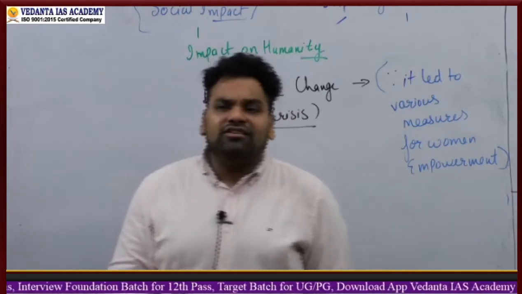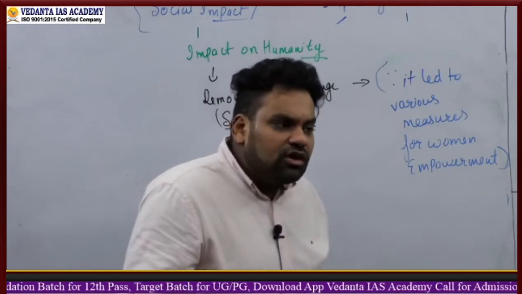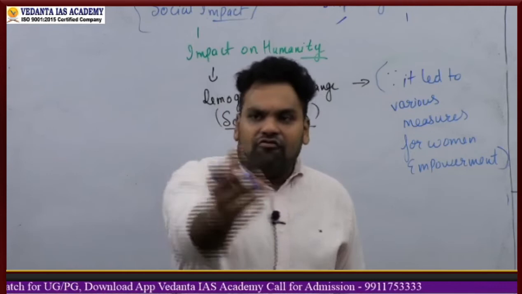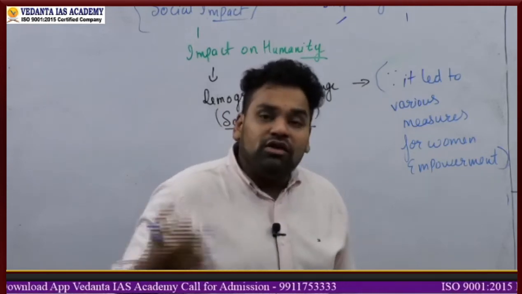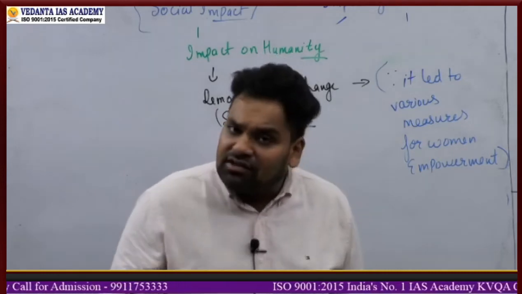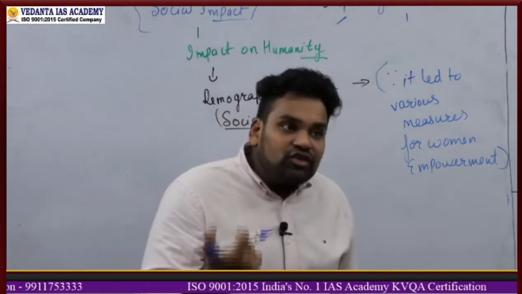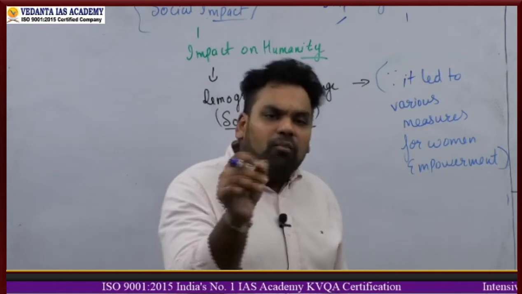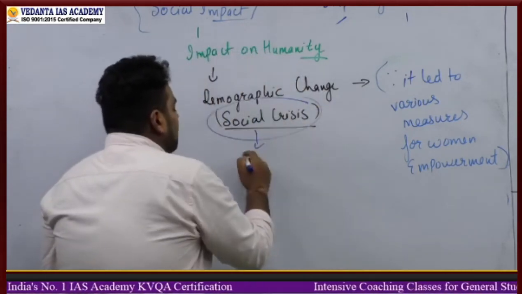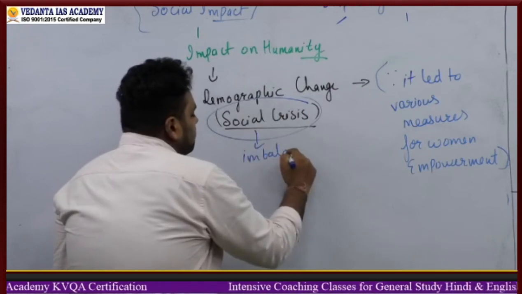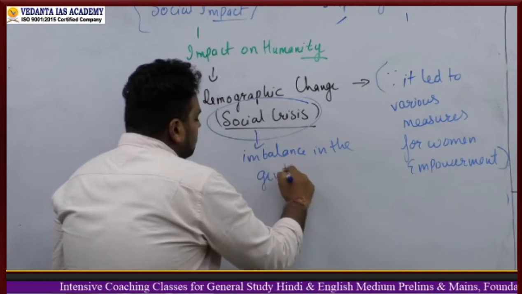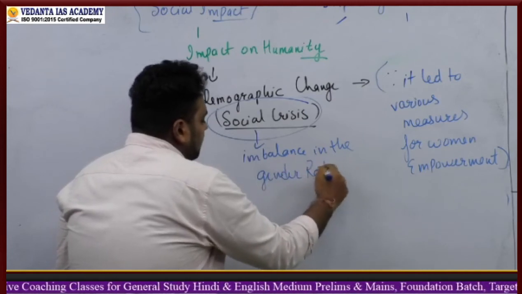And also at the same time when they started going out, their voices began to be heard, right? Women were now given more and more importance, right? They were now treated as equal partners in the society. So that is what exactly was the positive outcome of the social crisis, that is the imbalance in the gender ratio, right?